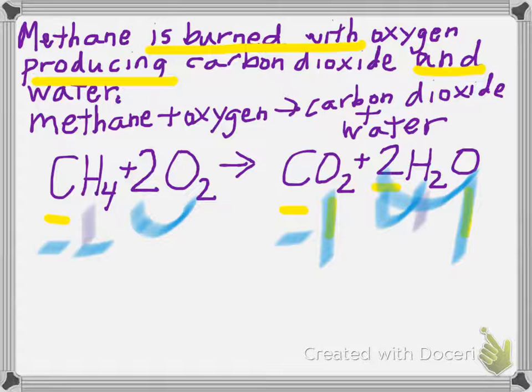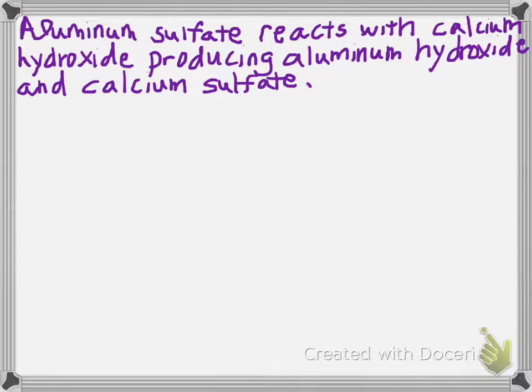So, taking a look at our next example: aluminum sulfate reacts with calcium hydroxide, producing aluminum hydroxide and calcium sulfate. Again, I want to write that word equation first.